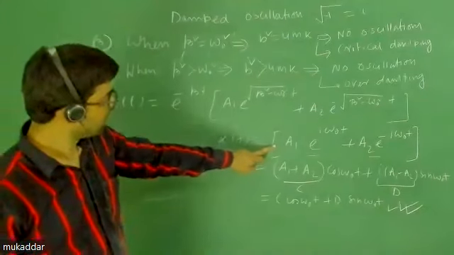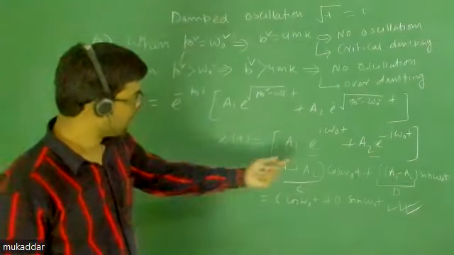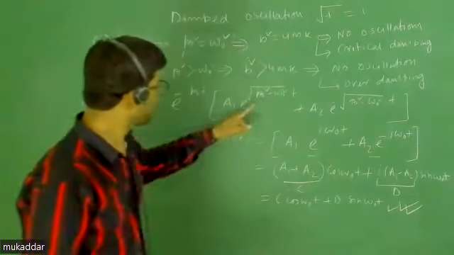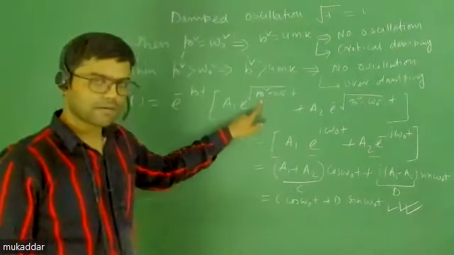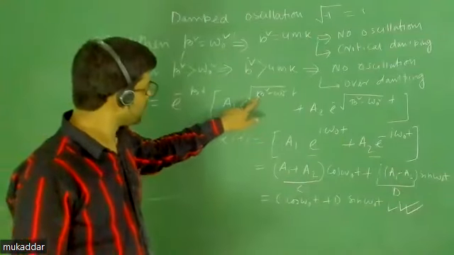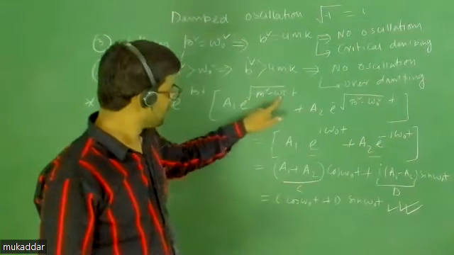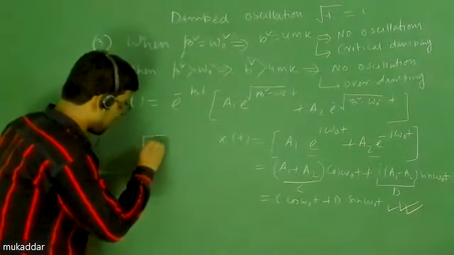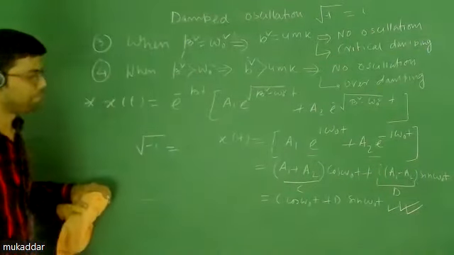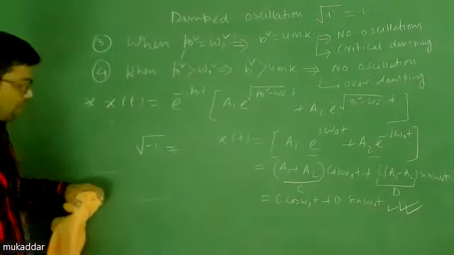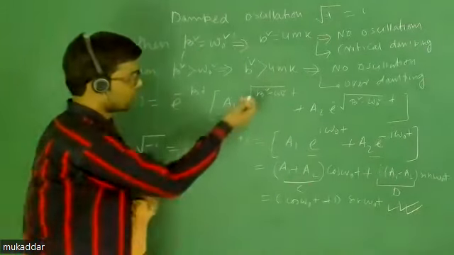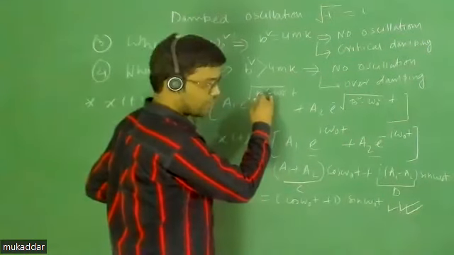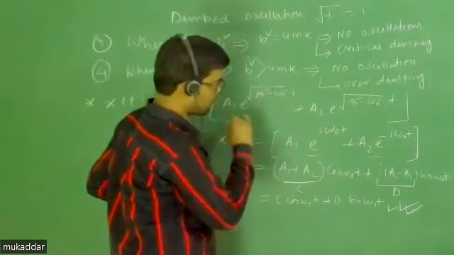When you put the value beta equals to 0 and substitute it here, what will we have? Minus square root of minus, how much? It is i, exactly. So here beta is 0, and the square root of minus omega naught square, what will you write?